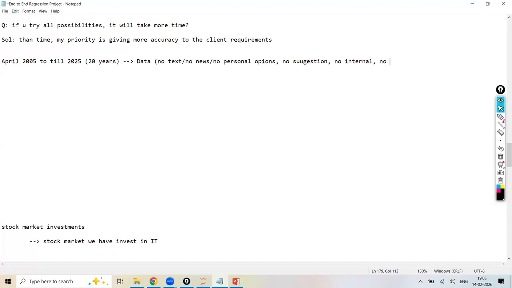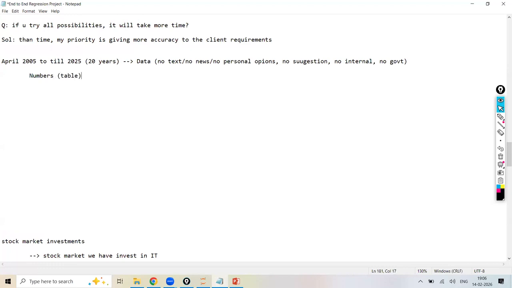Even if suddenly tomorrow morning Modi resigns from the prime minister post, we can't do anything. There is no news for us. No government news, no uncertainty news, nothing is there. What is there with us? Just numbers, numbers in a table. In those numbers, what is the pattern? That's it.